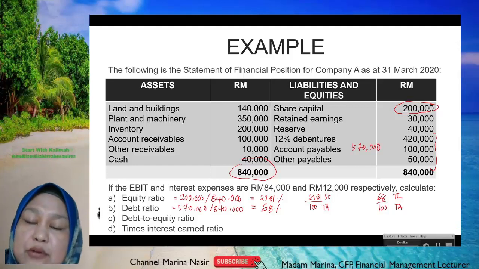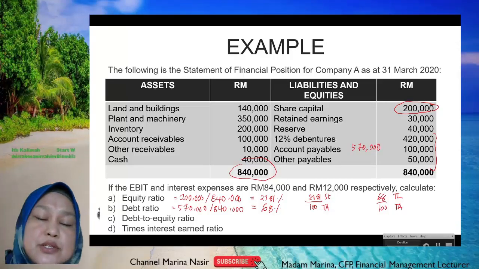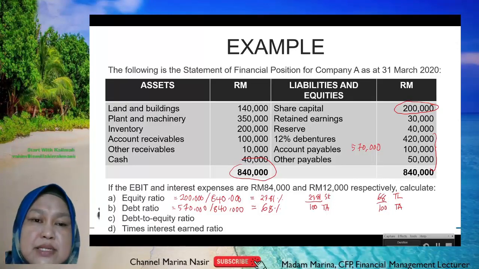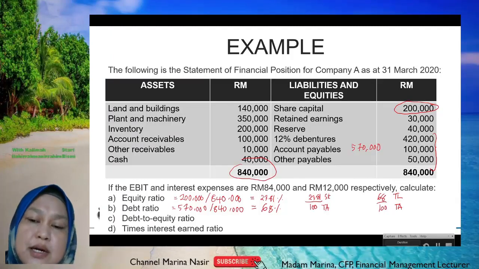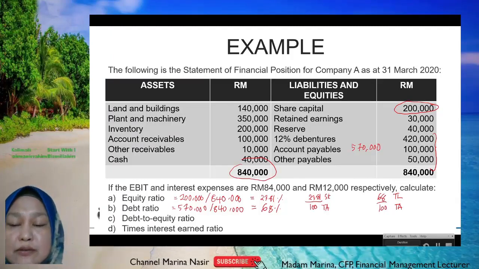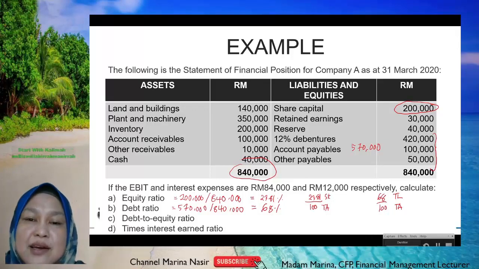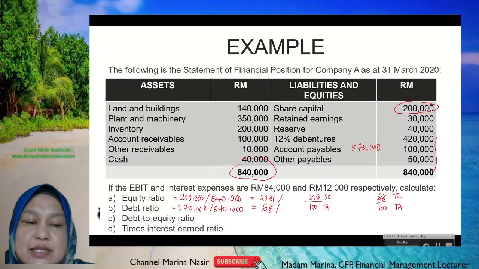Banyak hutang lah. Terpulang kepada financial institution masing-masing, dia punya guideline masing-masing, sama ada dia nak bagi company tu pinjaman ataupun tidak. Ada yang letak 50%, ada yang letak 60%, ada mungkin yang letak 40%. Kalau dah exceed the certain percentage, dia takkan approve that loan. So this is debt ratio.